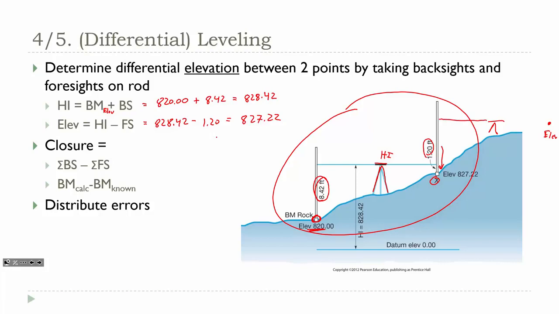You would take another backsite reading. You would set the level rod up here and then take another foresight reading. And so you would just keep repeating these HI and elevation calculations until you find the elevation of the final point you're interested in.